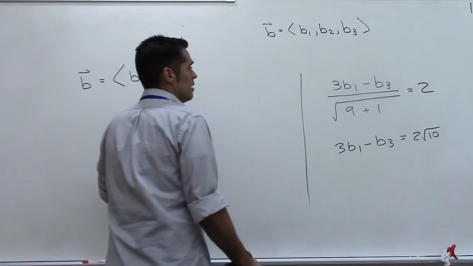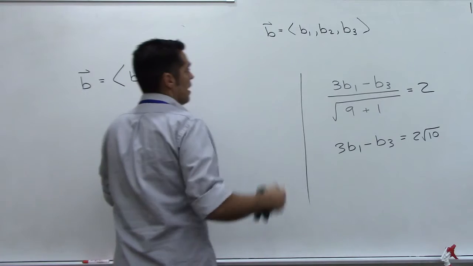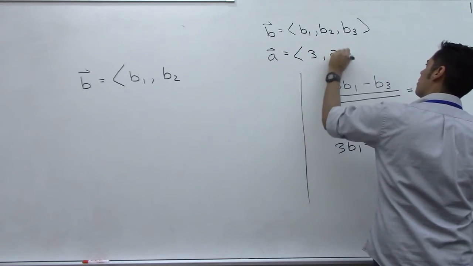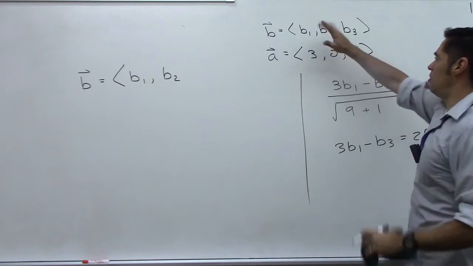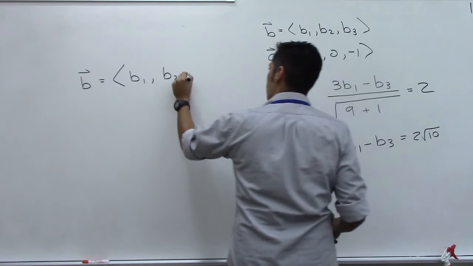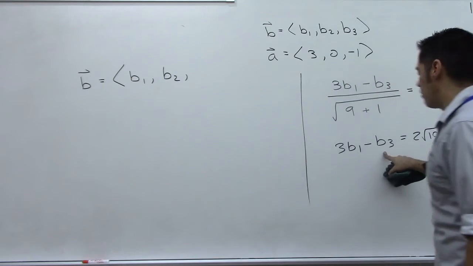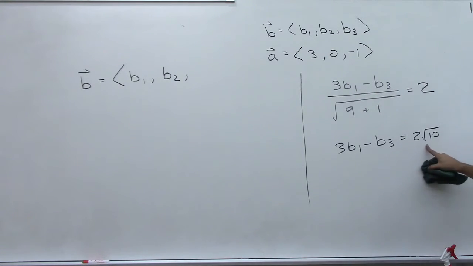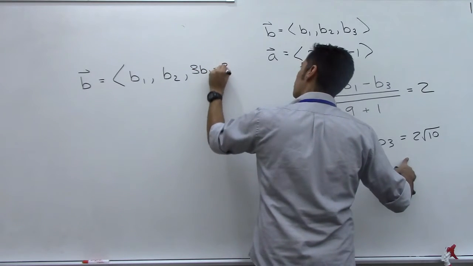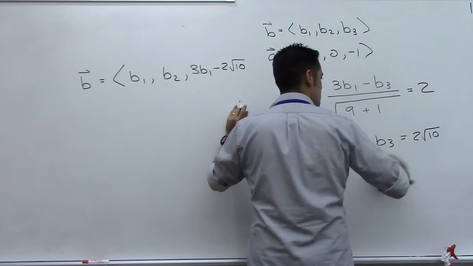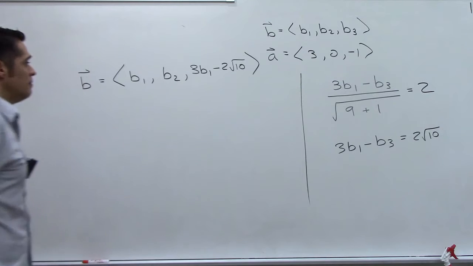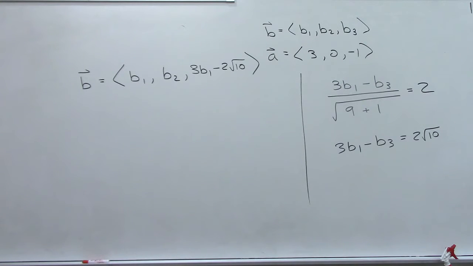B2 doesn't look like it matters because when I dot it with A, remember A was 3, 0, -1, that times 0 is not going to matter. So B2 is free to be whatever I want. And then B3, I could solve for B3. So I could get 3B1 minus 2 root 10. That's what you would get if you solve this for B3. So if I pick a vector that looks like that, it should satisfy everything that we want.